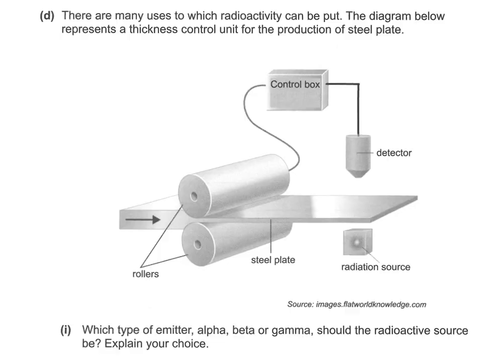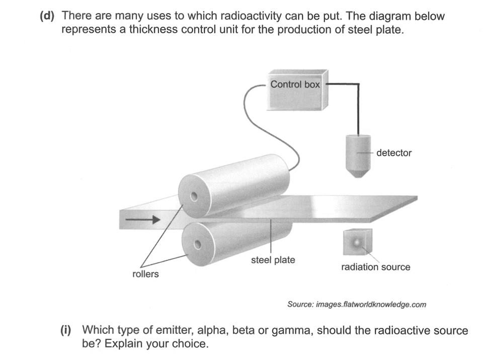Part D, there are many uses to which radioactivity can be put. The diagram below represents a thickness control unit for the production of steel plate. Which type of emitter, alpha, beta or gamma, should the radioactive source be? And explain your choice. So you've probably seen this in your notes.